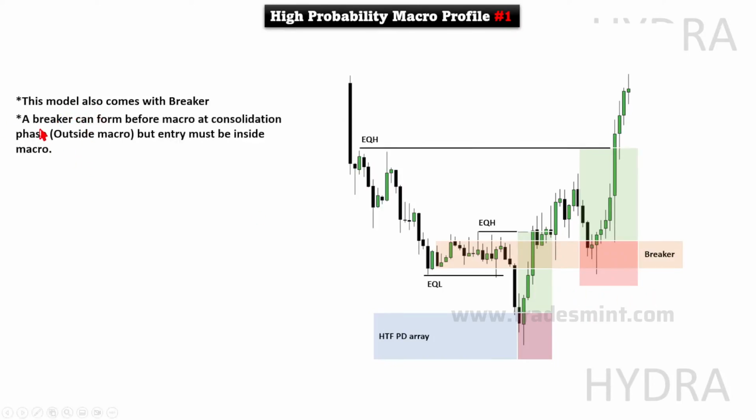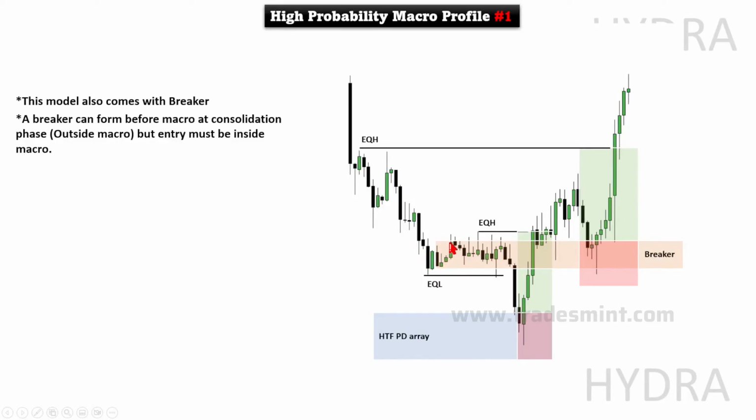So let's look at the writings here. A breaker can form before macro at consolidation phase outside macro, but entry must be inside macro. So what do I mean by that? Our breaker that formed here, when did it form? It formed way before our macro started here, right?